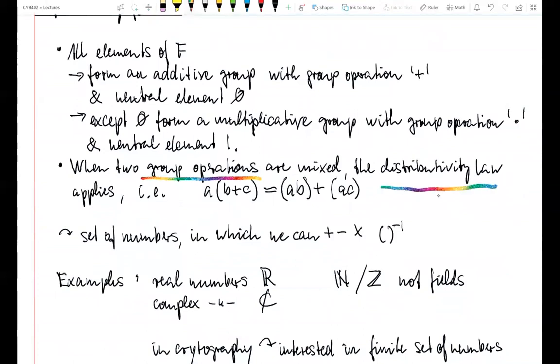That's something you are familiar with. A times (B plus C) is A times B plus A times C. This is pretty straightforward, and that hasn't changed here. All of these operations, for our purposes, are going to be modulo operations.